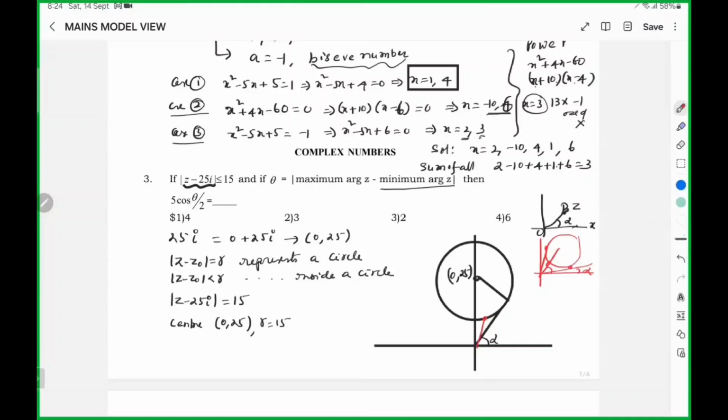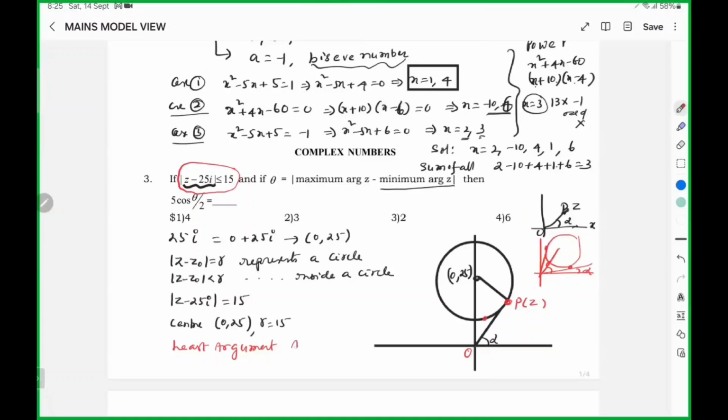So here I will write least argument. This indicates many complex numbers. Among all the complex numbers, one particular complex number z will have a least argument. That is possible when OP is the tangent.